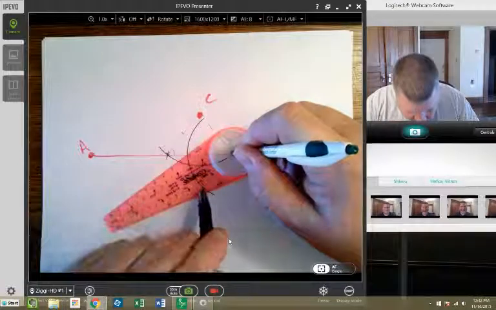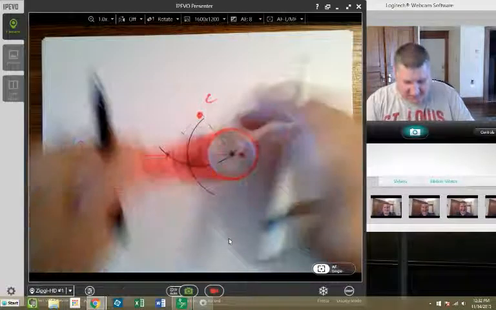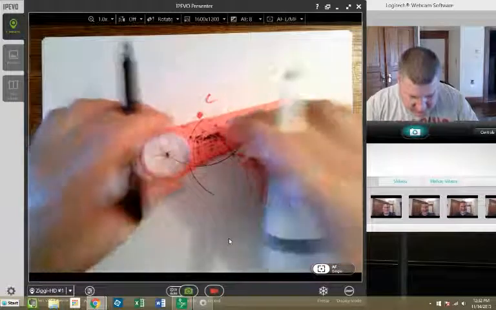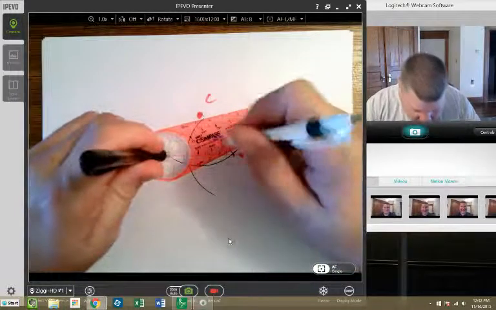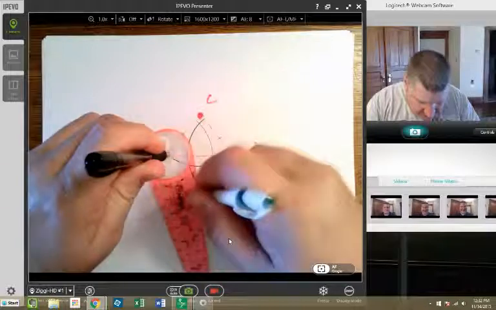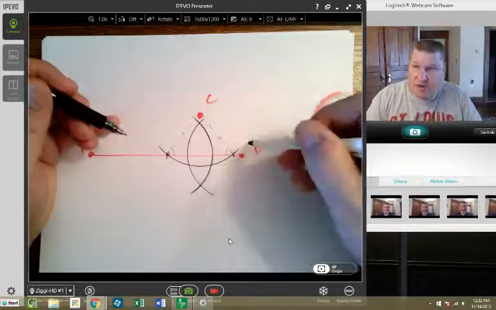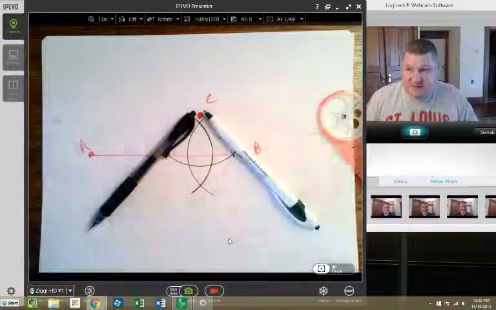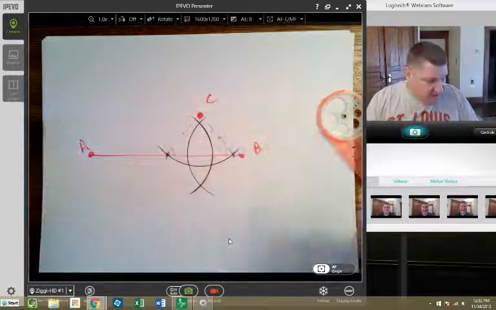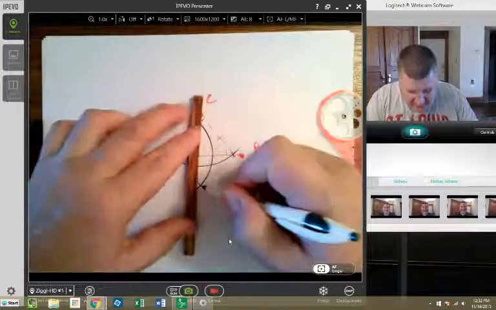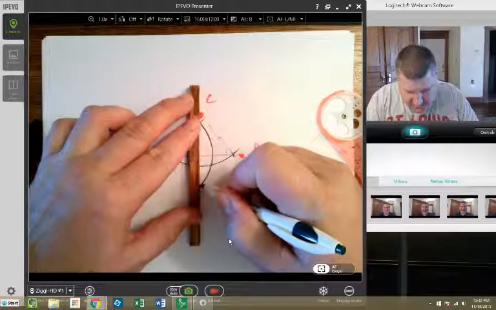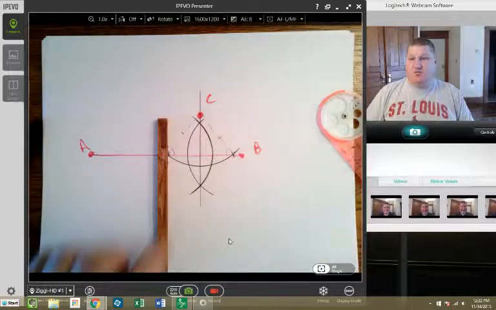All right, now I'm using the one right past the 1.5. And again, by creating one arc, I make it the same distance each way, which means when I create a bisector, it should go right through that point that I wanted.